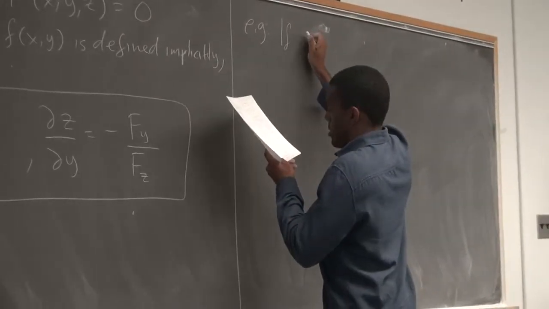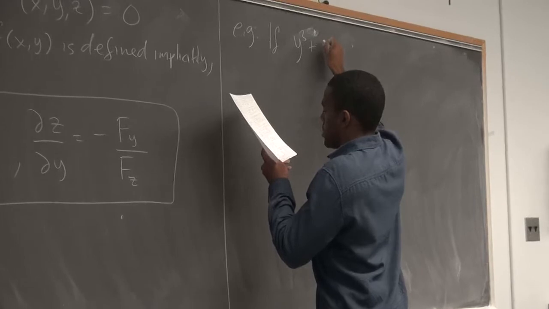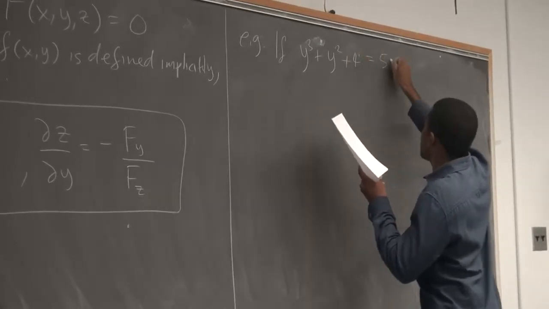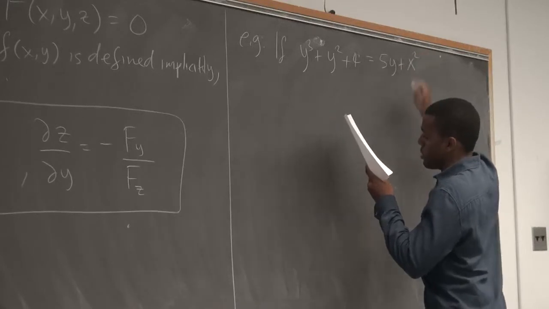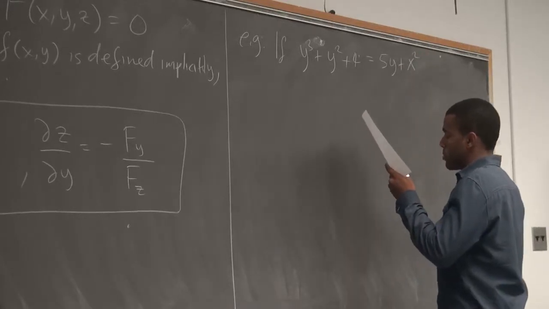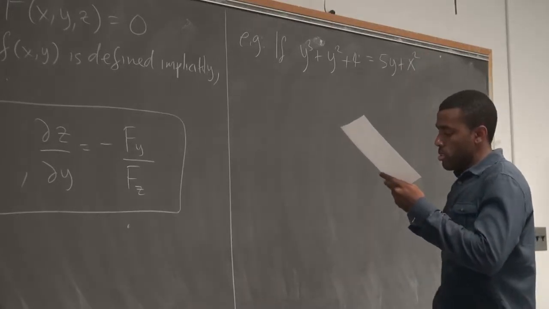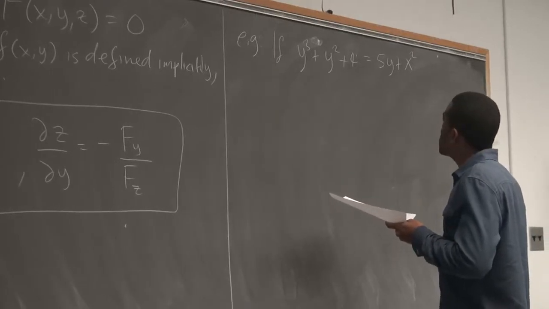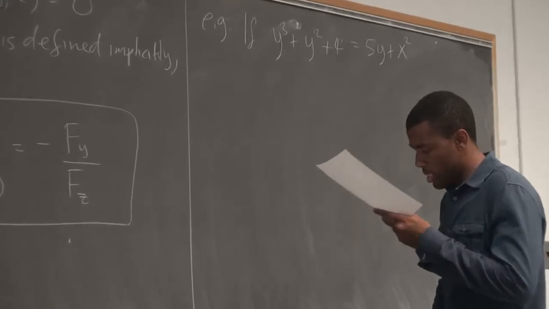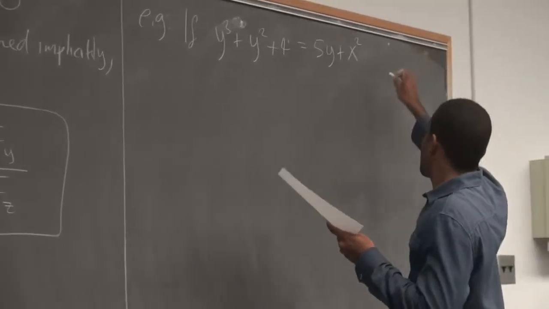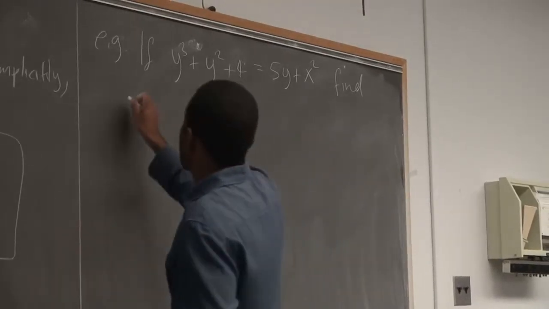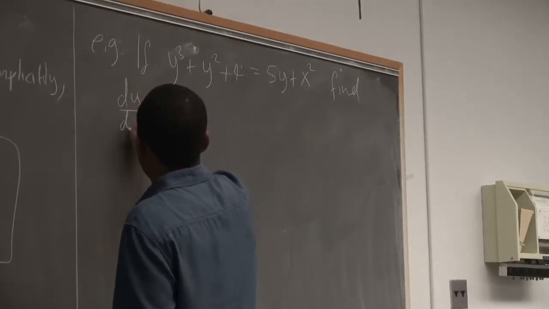Suppose y cubed plus y squared plus 4 equals 5y plus x squared. Find dy dx.